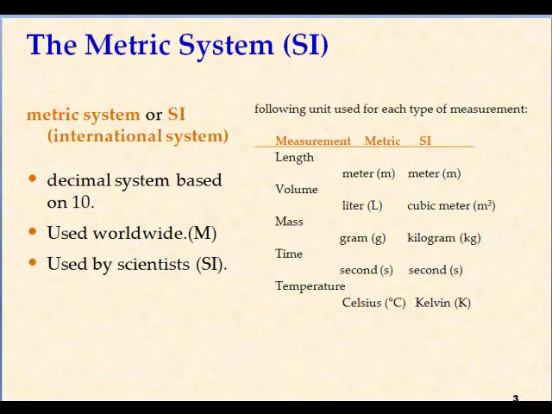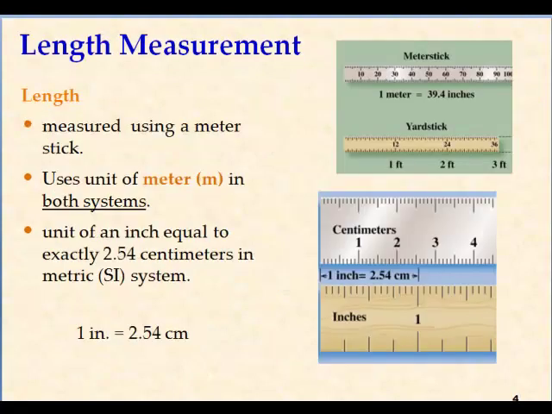So now let's look at length measurement, and how we measure length in the metric system. Length is measured by a scale called a meter stick. As you can see from this image, here's your yardstick pointing out, and you have the meter stick on the top. You can see that the meter stick is slightly longer than the yardstick.